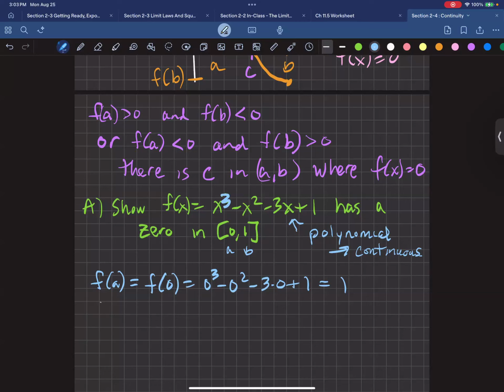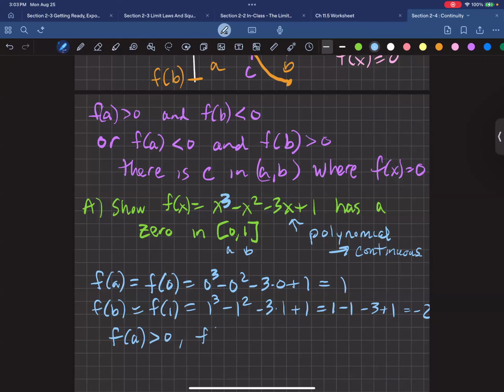And f of B would be f of 1: 1 cubed minus 1 squared minus 3 times 1 plus 1. This is 1 minus 3 plus 1, which is negative 2. So f of A is greater than 0. f of B is less than 0.